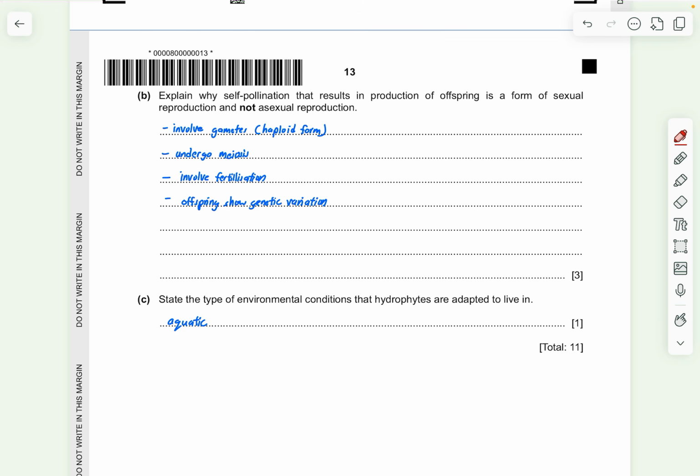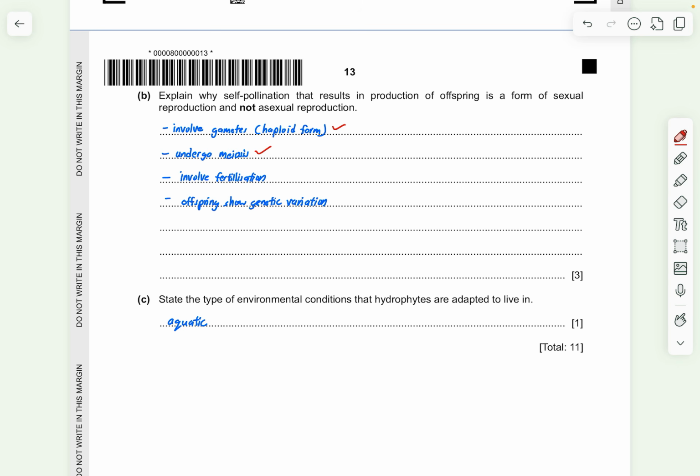Part B. Explain why self-pollination that results in production of offspring is a form of sexual reproduction and not asexual reproduction. So they give you a clue that it is sexual reproduction. So just talk about sexual reproduction alone. So first it involves gametes, which are actually in the haploid form. So what happens is that before these gametes can become haploid, they have to undergo meiosis.